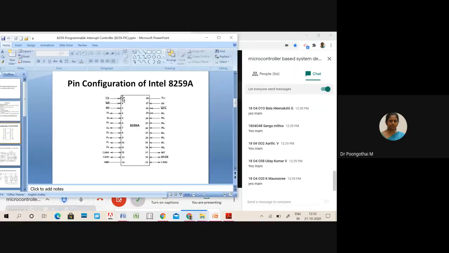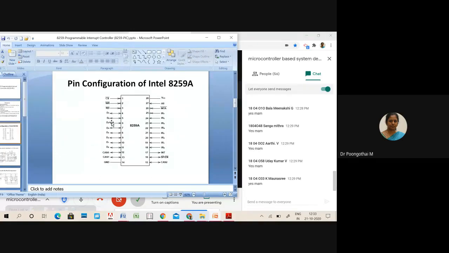It's an active low signal. To access this chip, the chip select CS bar is made low. So low on this pin enables read and write communication between your CPU and the chip.